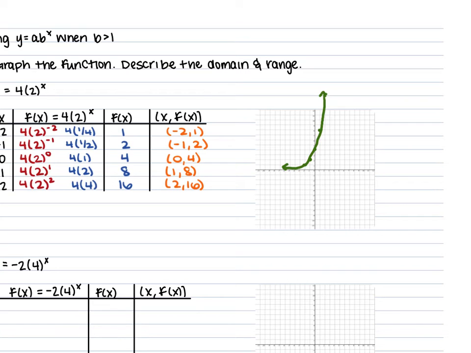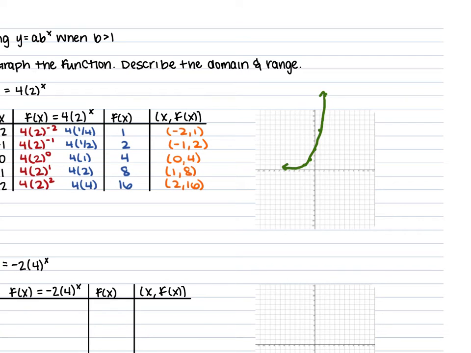So when it asks you for your domain and range for this one, you've got to look at your line. Look at where your x values are being covered. Your x values are going all the way from negative infinity to positive infinity. Even though that line will never cross the x-axis and go below it, your line will continue to go to the left until negative infinity, and as it goes up, it continues to go to positive infinity to the right.